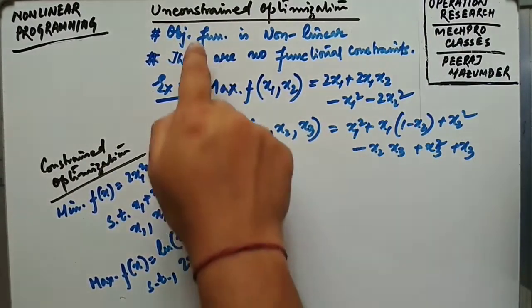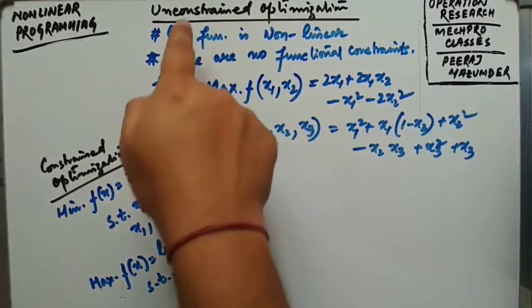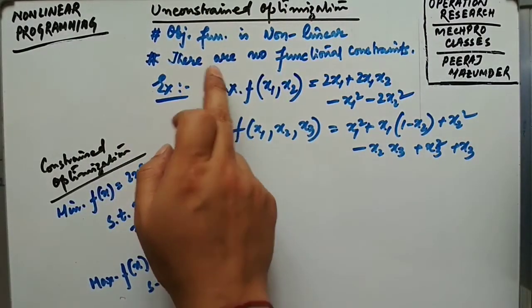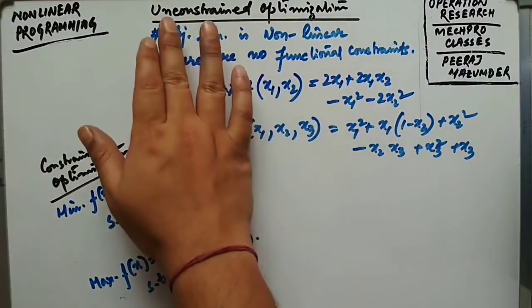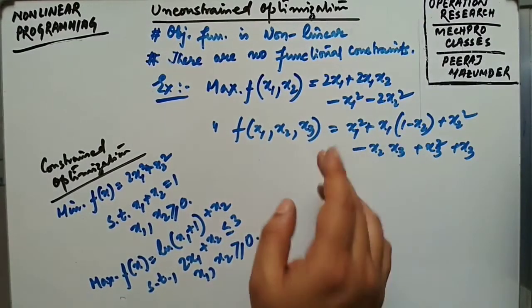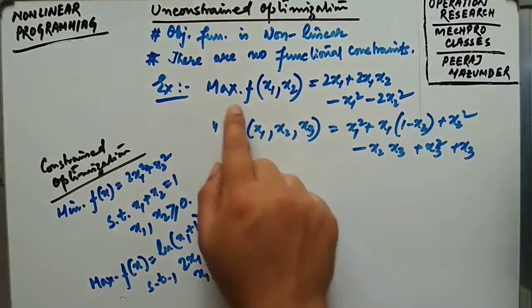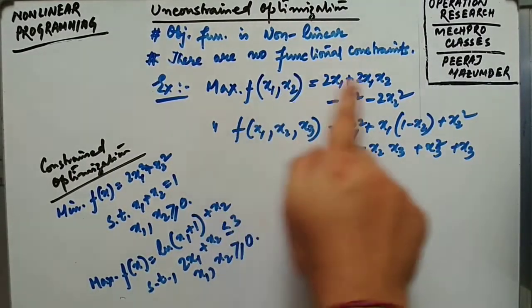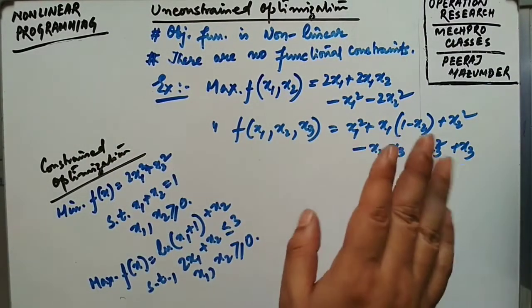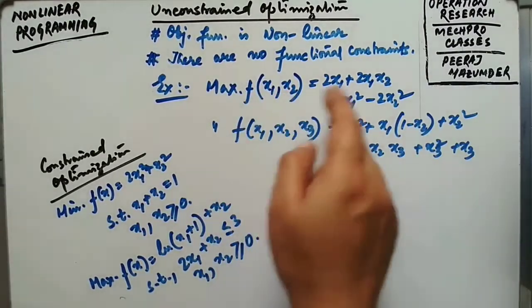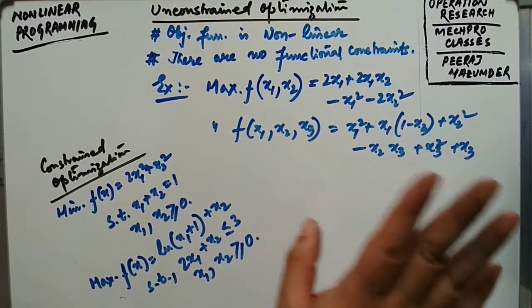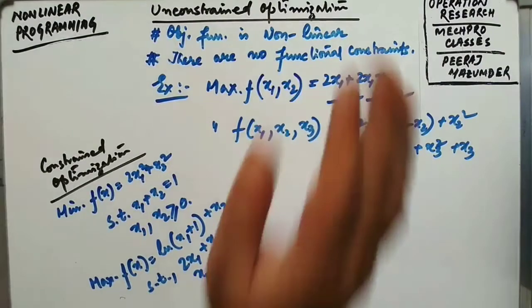There are no functional constraints because it is unconstrained. So this is simply maximization of f(x1, x2), the objective function, with no constraints. You only have to maximize this objective function. That is unconstrained optimization.